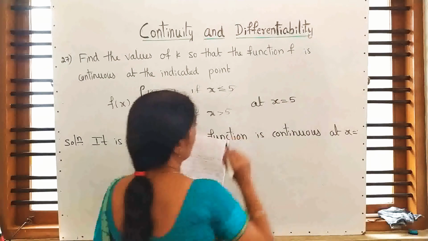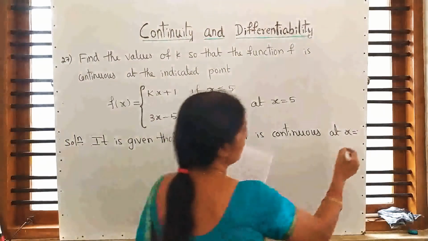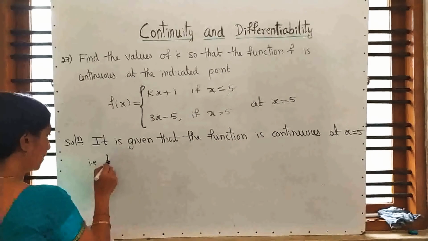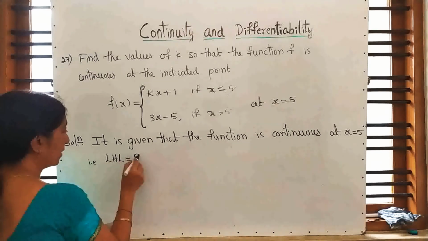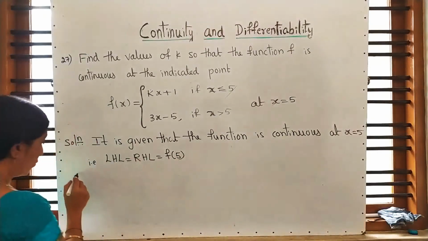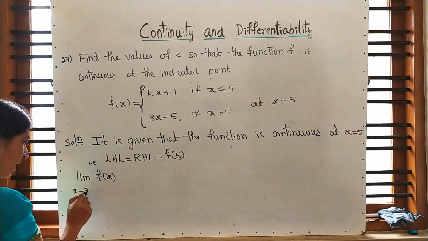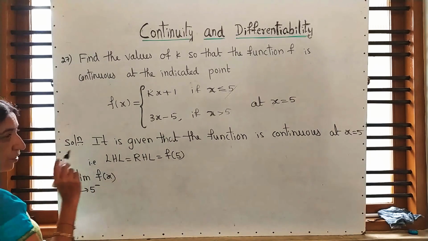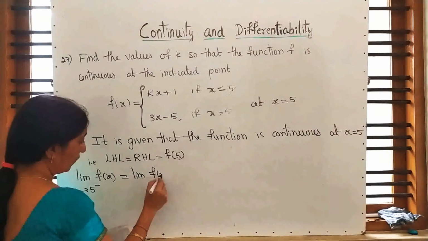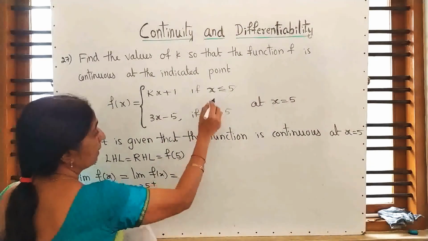at x is equal to 5. So like the previous, it is already given the function is continuous at x is equal to 5. That is, it is given that LHL is equal to RHL is equal to f of 5. You know how to write the limit. LHL is limit f of x as x tends to 5 minus, because it is given at the point 5. RHL is limit f of x as x tends to 5 plus, and f of 5.